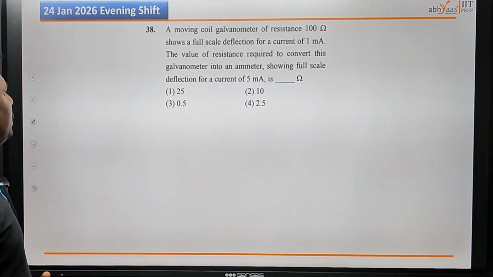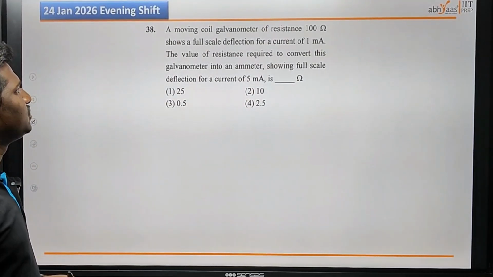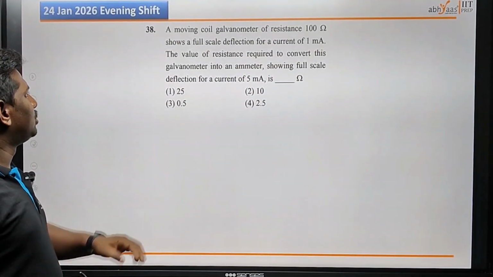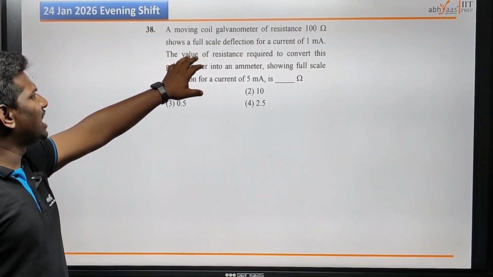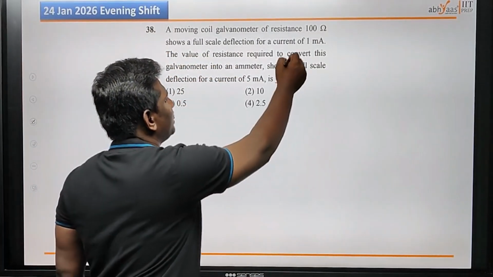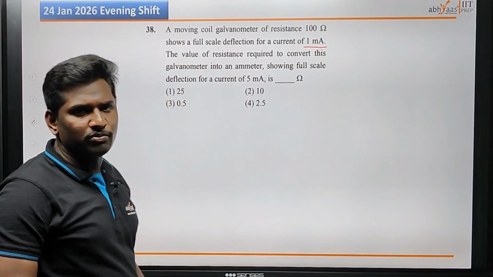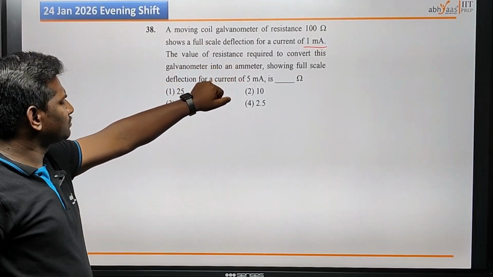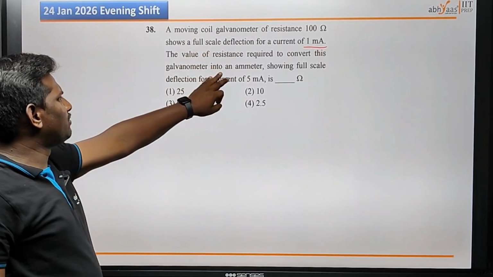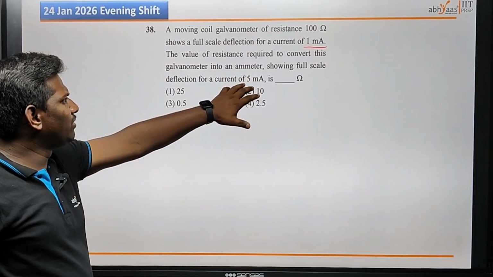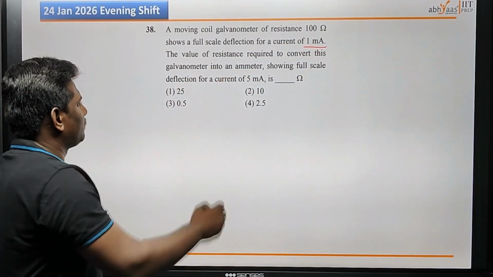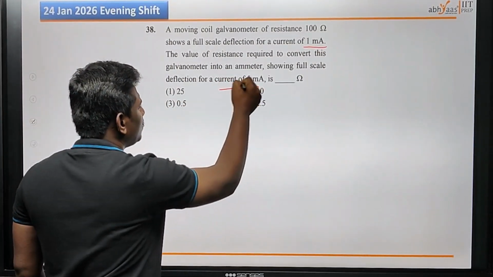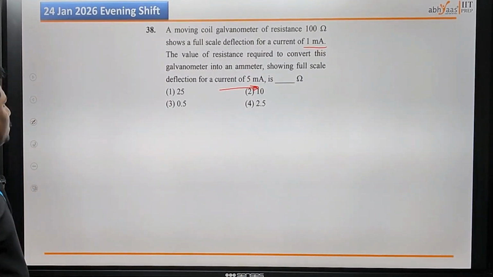Next, 38. A moving coil galvanometer of resistance 100 ohm shows a full scale deflection at a current of 1 milliampere. Find the value of the resistance required to convert this galvanometer into an ammeter showing a full scale deflection of current 5 milliamperes.